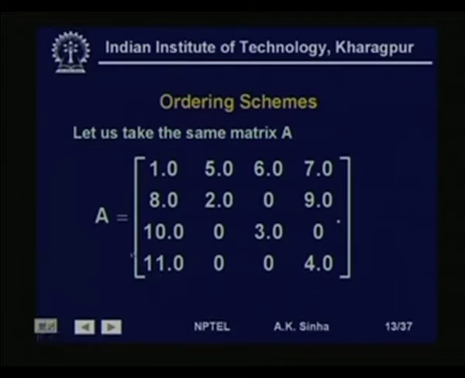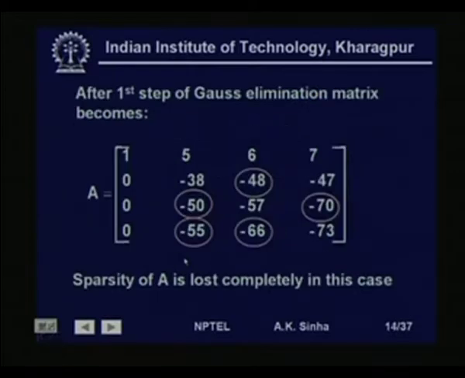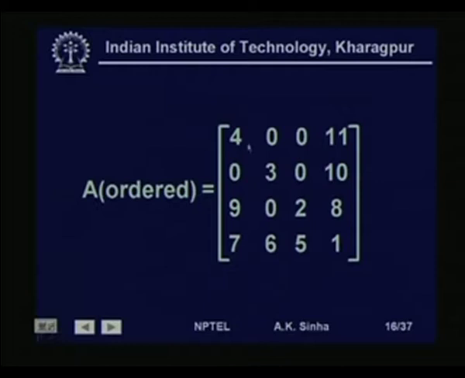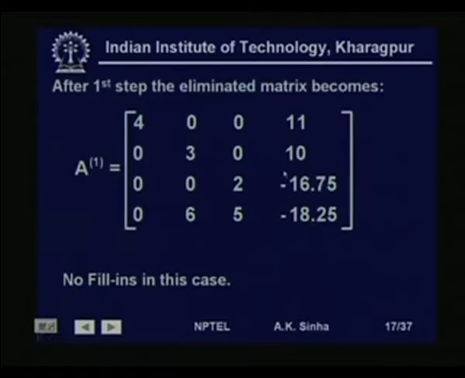So, this is the 4th column and this is the first row. So, we have here 1 1 and then 1 4.